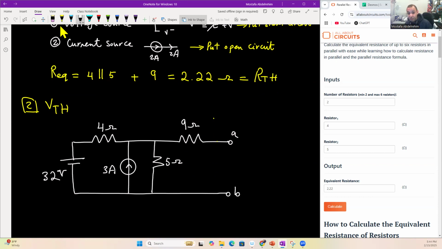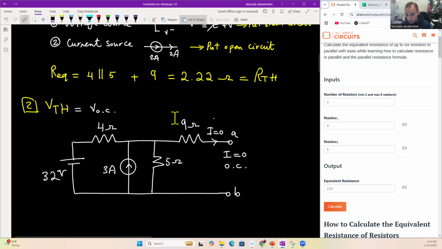What is the definition of V Thevenin? It is the open circuit voltage between the terminals that you are looking between. I told you Thevenin equivalent means you can look between two terminals in a circuit and simplify the whole circuit between these two terminals into a voltage source and a resistance. These terminals in our case are A and B, so we consider the connection between them open. Open circuit here means the current is equal to zero.